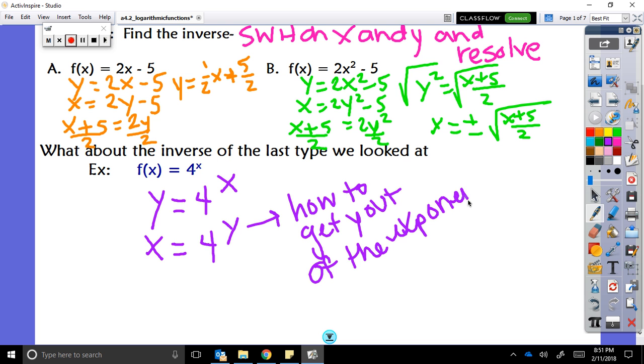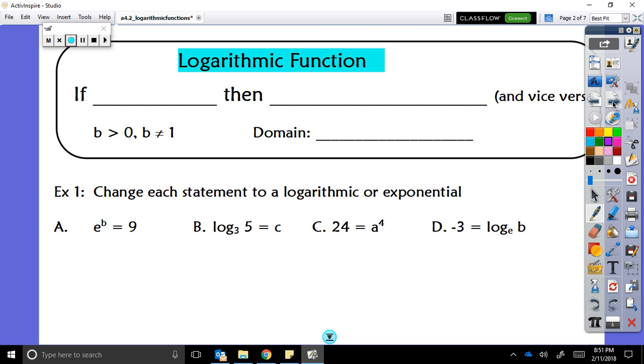Okay, so here is where we introduce a new function to you all. And I'm sure you remember this from Algebra 2, but it's the logarithmic function. Okay, so here's the formal definition of log. It says if y equals b to the x, then log base b of y equals x.